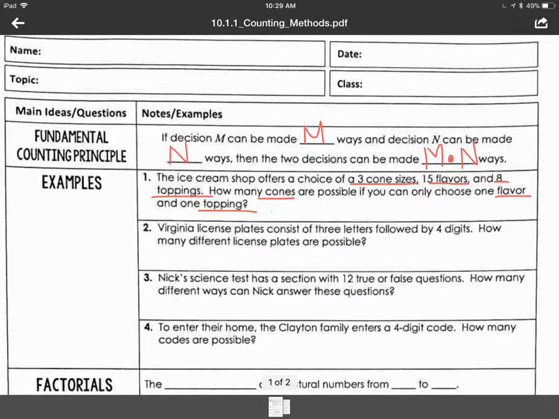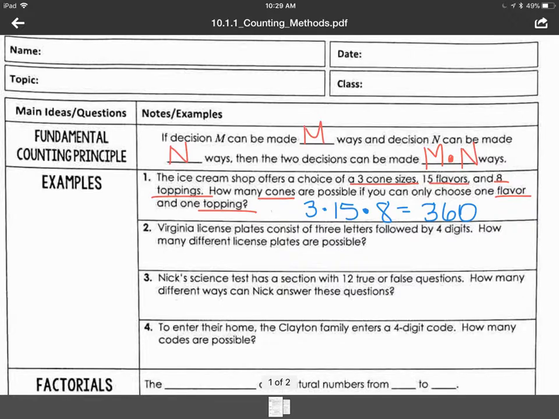So you're going to make 3 decisions. Okay? Your cone, you have 3 choices for. And for your flavor decision, you're going to have 15 choices. And for your topping decision, you're going to have 8 choices. And so if you multiply those together, you'll get your answer. 360 different cones.